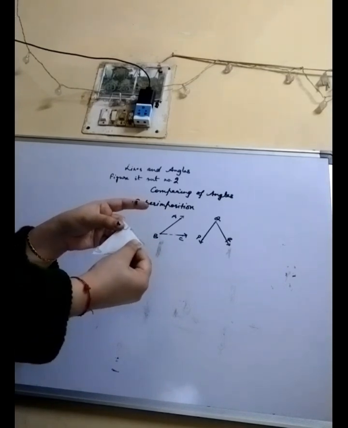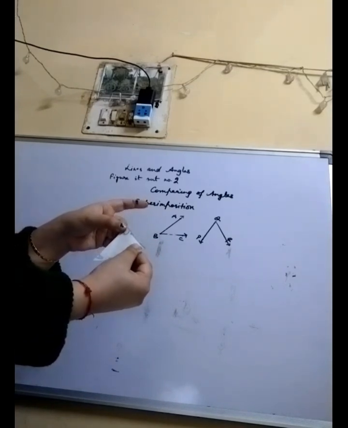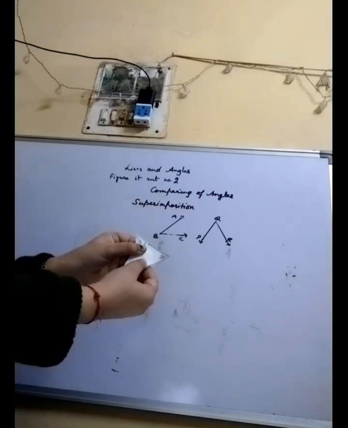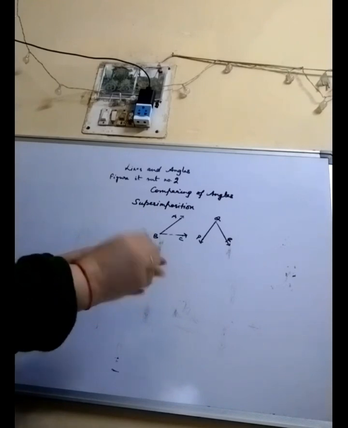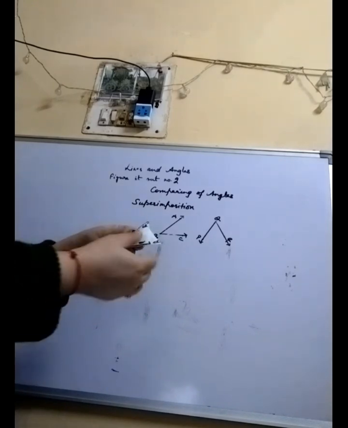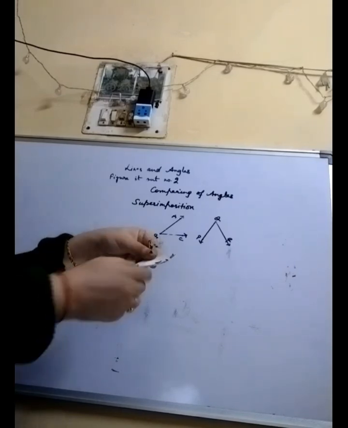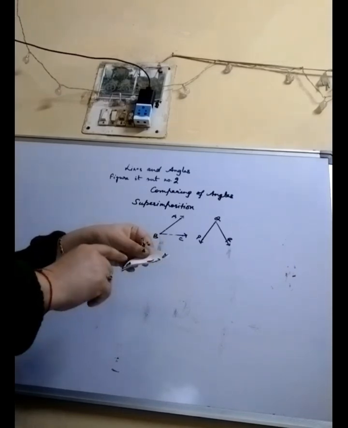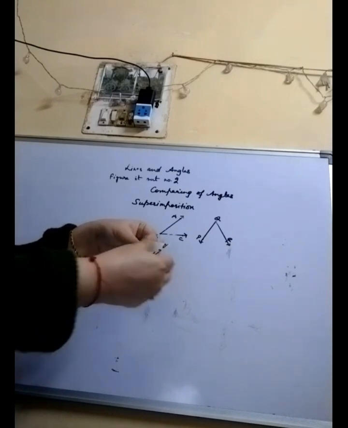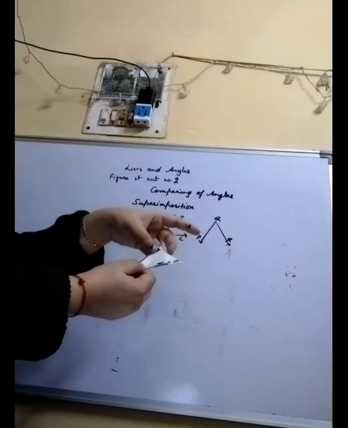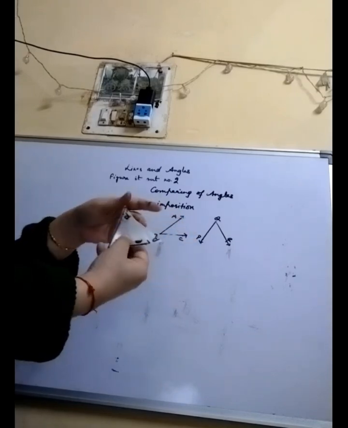Now we can see here that they are almost overlapping or superimposing on each other. There is not much difference. One paper is overlapping the other paper at the vertex. Don't look at this side. You have to see the vertex and the rays, how much they are bigger or smaller.